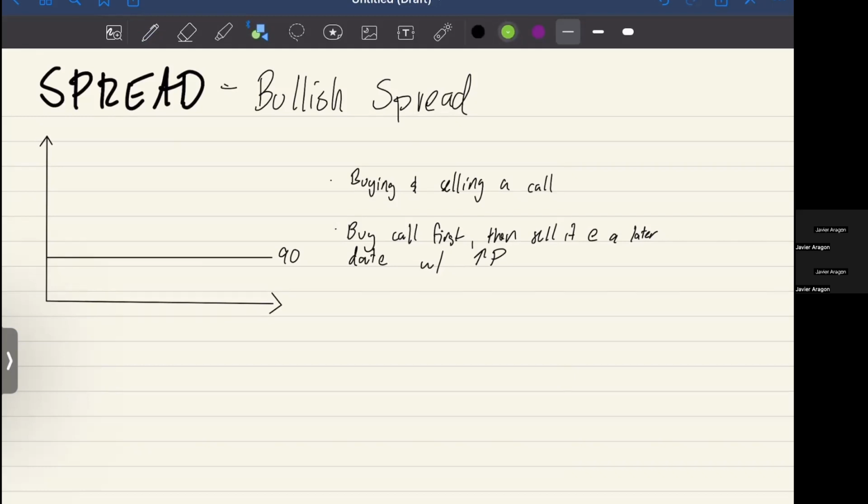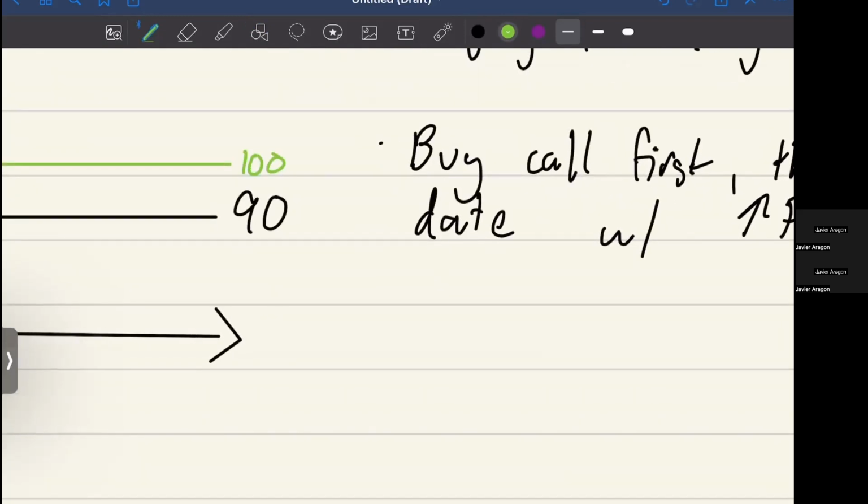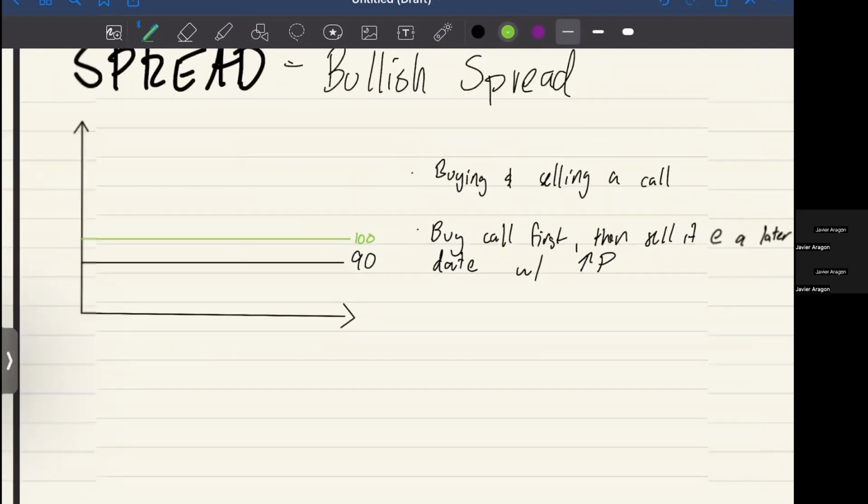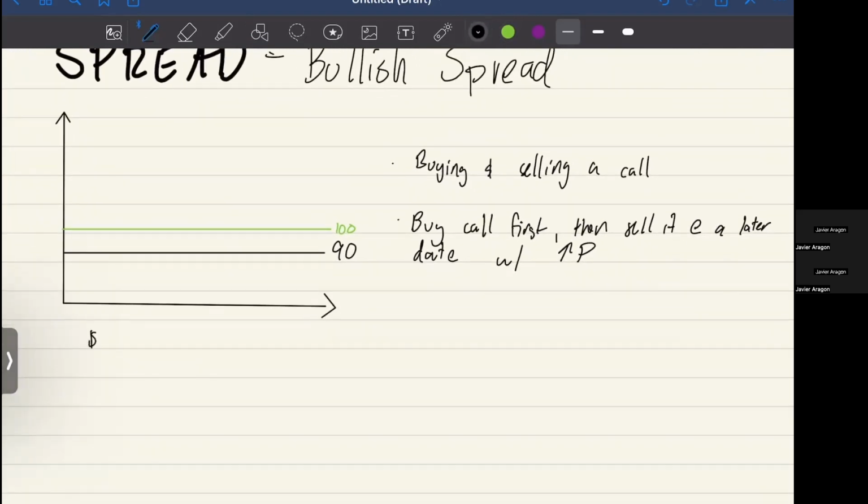So you think it's gonna go past 100, and I'm willing to bet $2 that the price in 3 months is gonna be $100. That's your bet. That's what you're saying. So what do you do next?